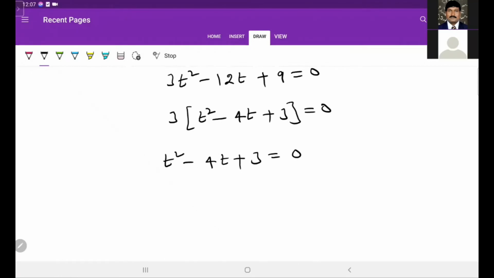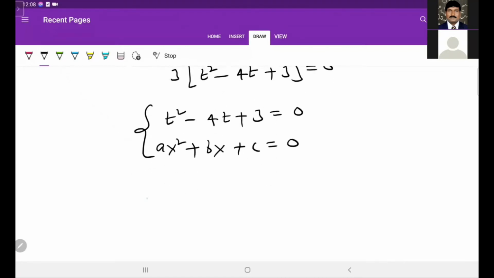So solve this equation. This is similar to ax square plus bx plus c equal to 0, a quadratic equation.